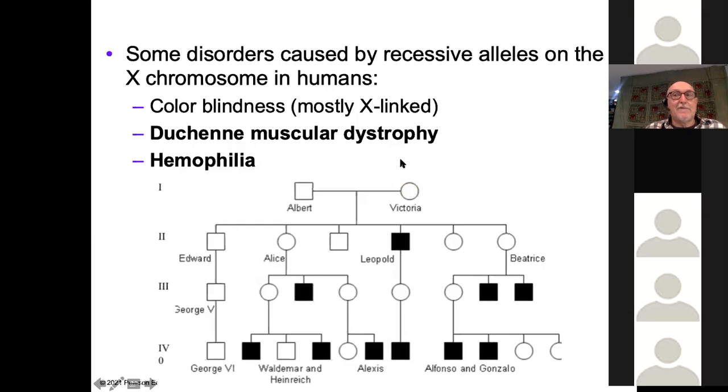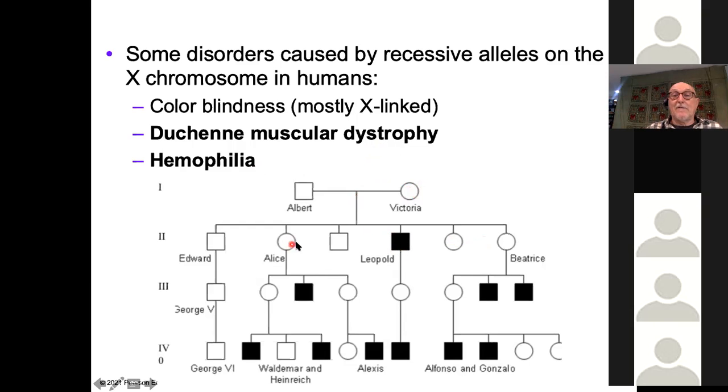There was no trace of it before in her parentage. So it arose spontaneously in Queen Victoria. And if you look at her children, one of the sons, Leopold, actually had hemophilia, and the rest did not.